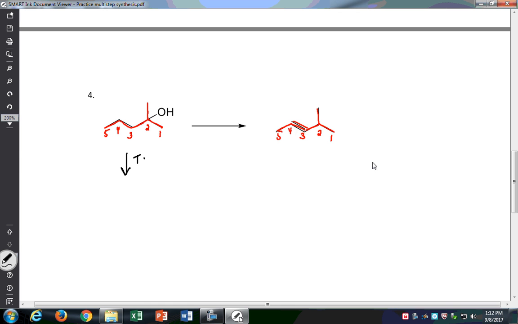You do need a 1 and 2 here, because if you react tosyl chloride with your big strong base or small strong base, it's just going to react with the tosyl chloride, because the chlorine's a really good leaving group. So we want our tosyl chloride to react with our alcohol.